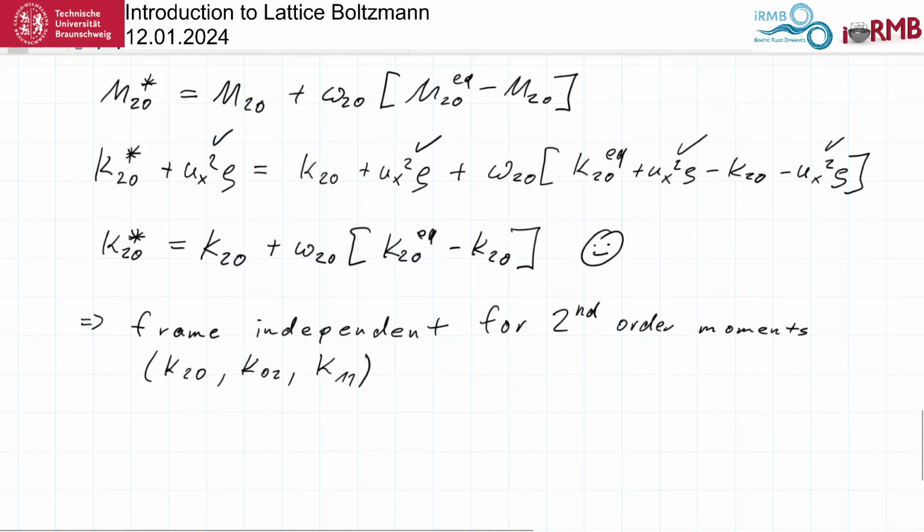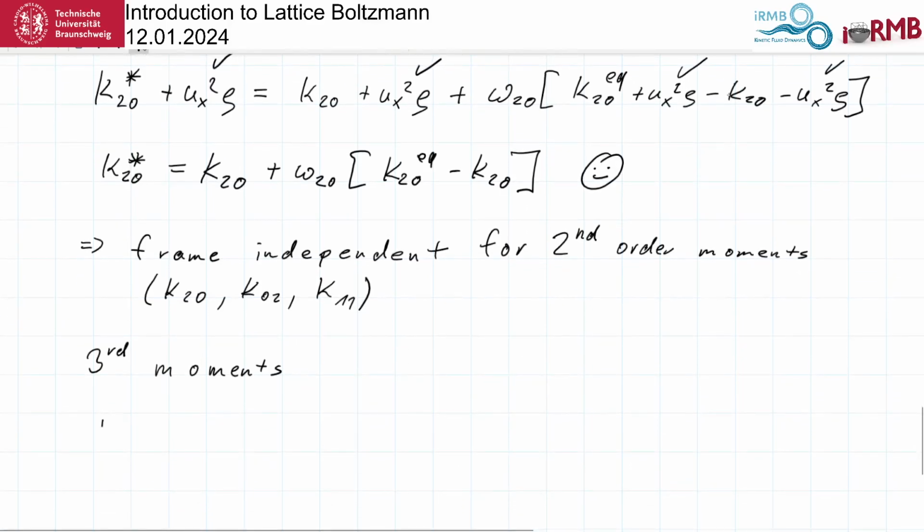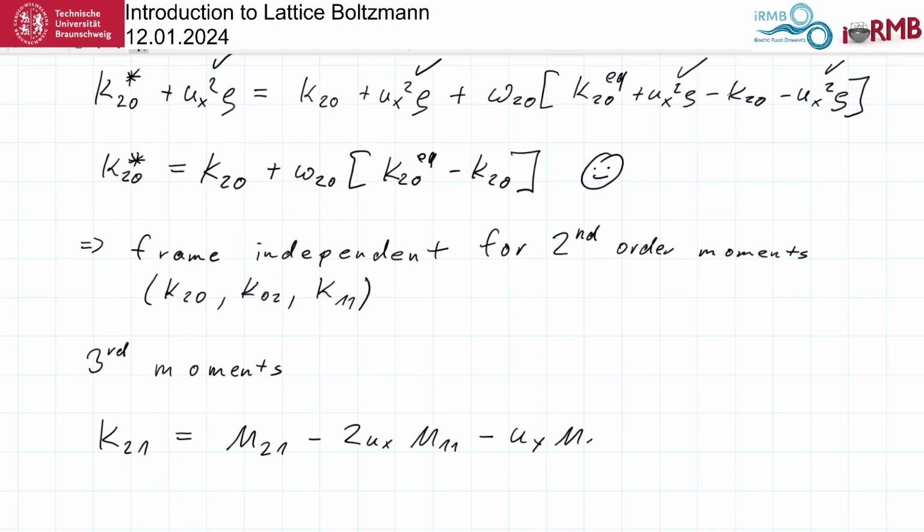So I would not be talking about this if there wasn't a problem, and now we see it when we look at the third order moments. So let's see third order moments. So K21 can be written as M21 minus 2 times UX M11 minus UY M20.